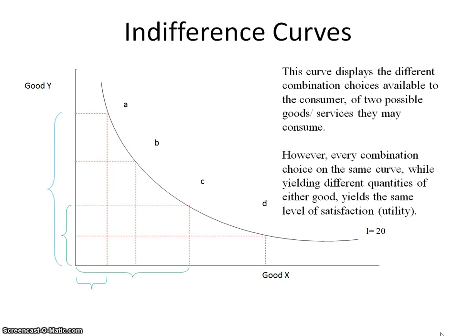I say again, every combination choice, whether you take this amount of good Y or this amount of good X, or maybe a smaller amount of good Y and a larger amount of good X, both combination choices actually yield the same level of utility. In this particular case, this indifference curve yields a value or a satisfaction of 20. So every combination choice along this same indifference curve will yield to the consumer a value of 20.